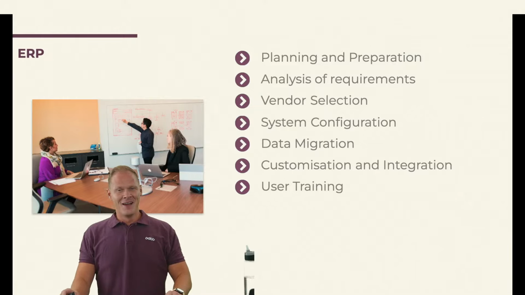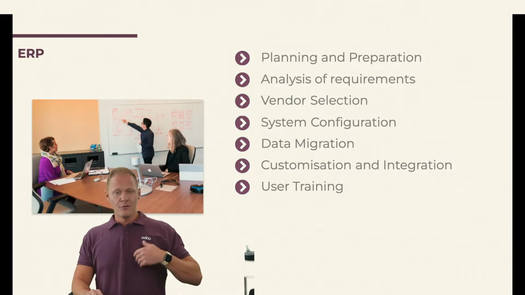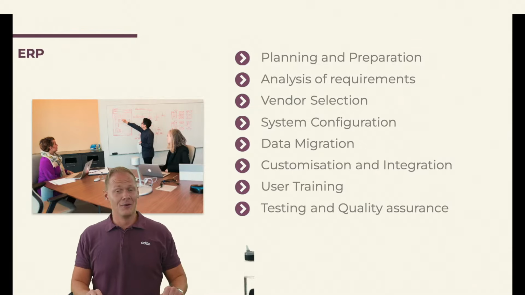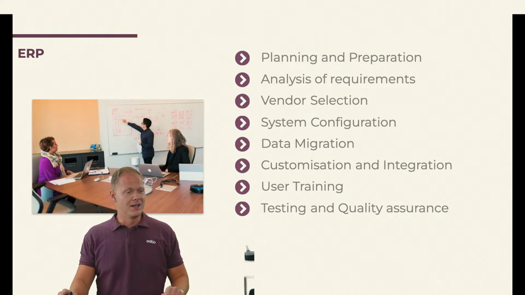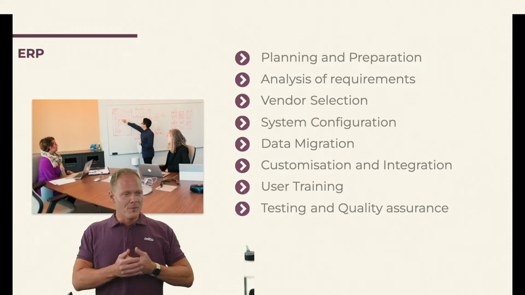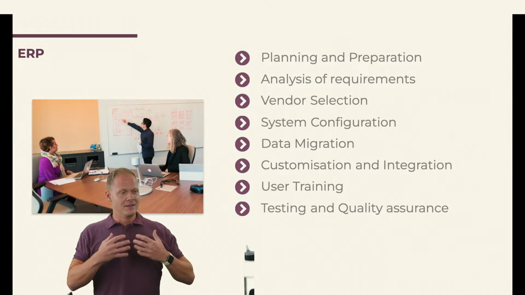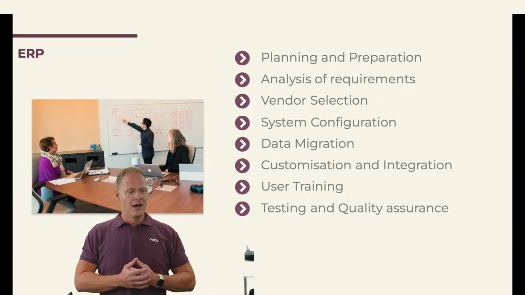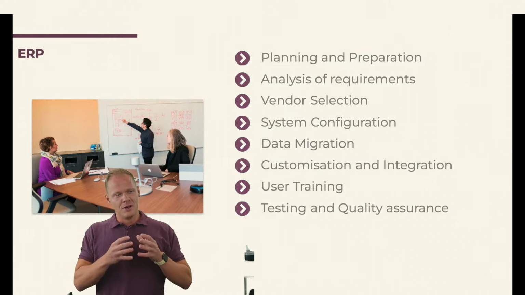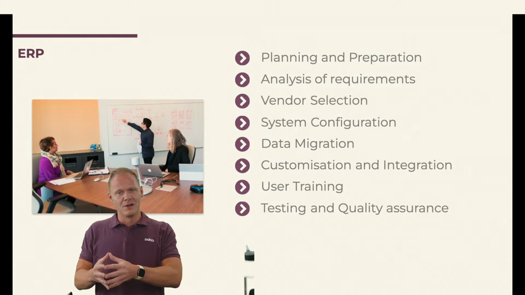Okay. Now, of course, we train the users, and now we need to test all the functionalities and all the custom code that we have added, right? Basically, the way it works is that the testing and the quality assurance is always done before deploying the whole ERP system.